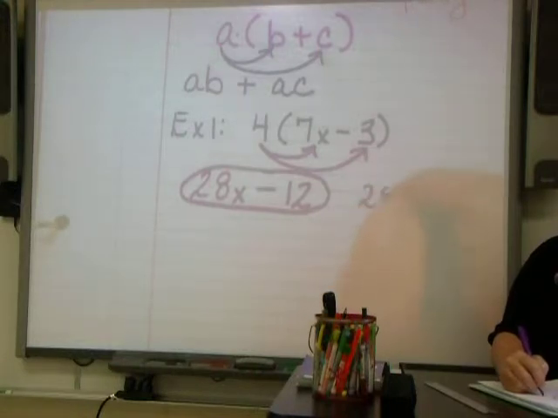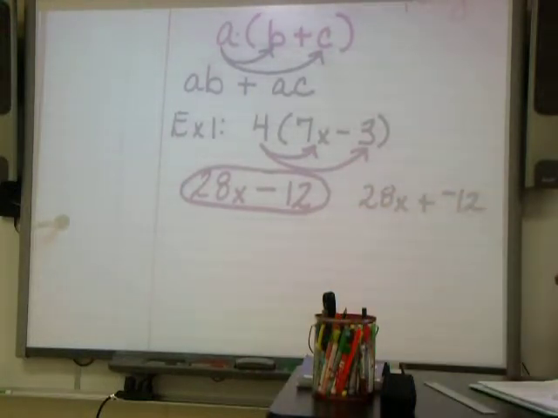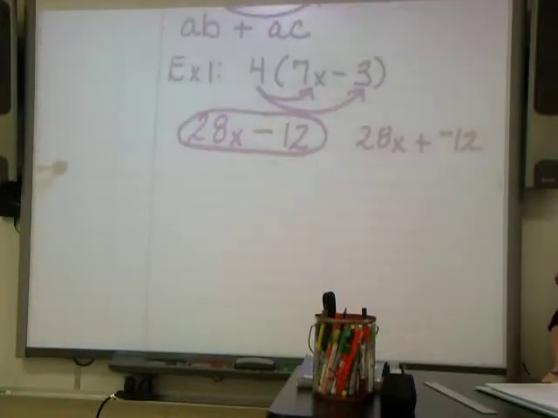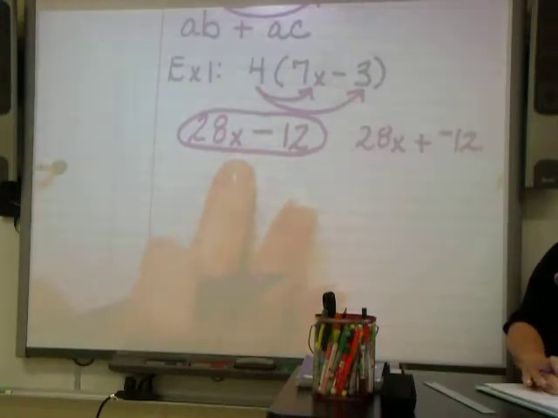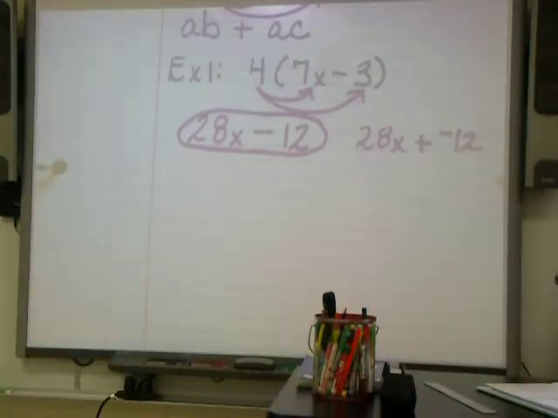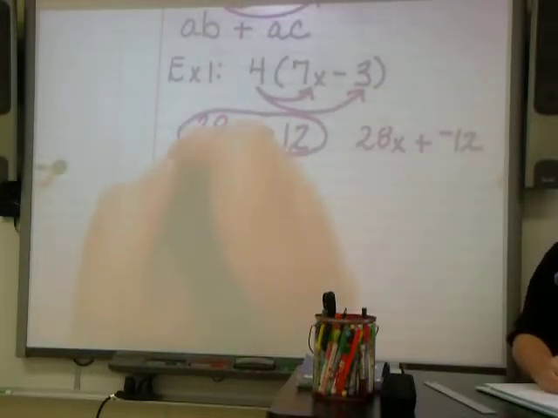Then you may have come up with 28x plus a negative 12, and that is still a correct answer. So you have to be conscious that anytime you have a subtraction, adding the opposite is still a correct form of that answer. Have to start thinking algebraically.